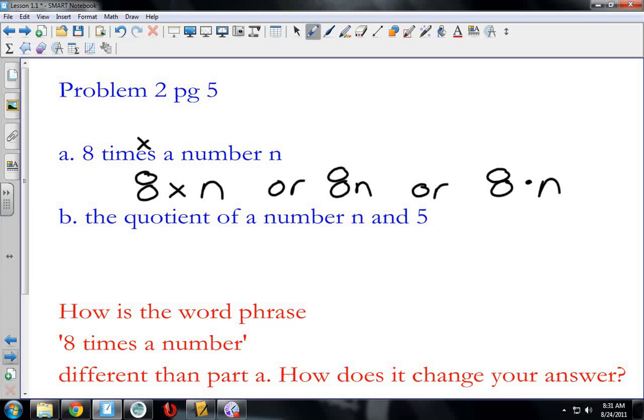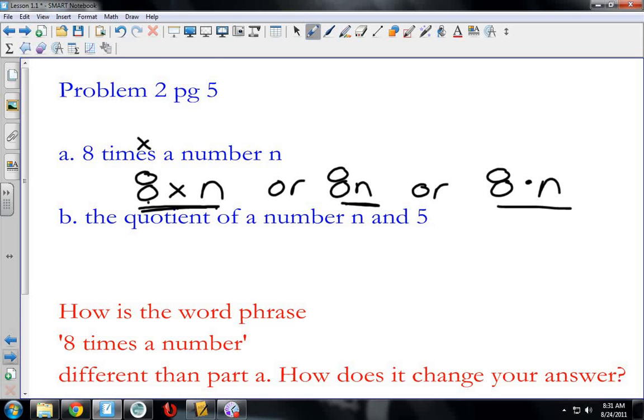As we go into algebra, we're going to move away from this times symbol and move towards those other two. Okay? Because what does the times symbol look a lot like? A variable of x, right? So we don't want people to get confused and think this is 8x n. We want them to know it's 8 times n or 8 · n. One of those two. Okay, so move away from the x and move to the dot.